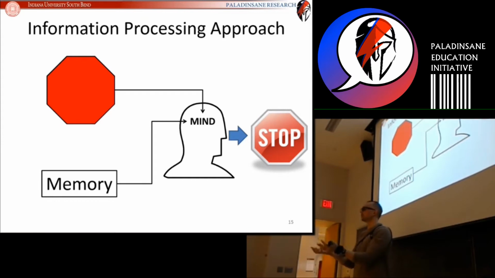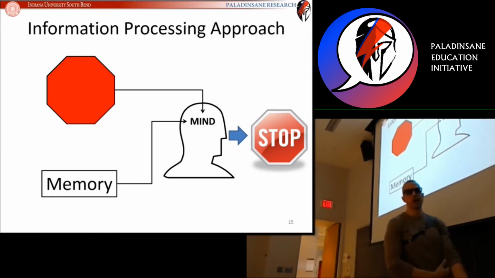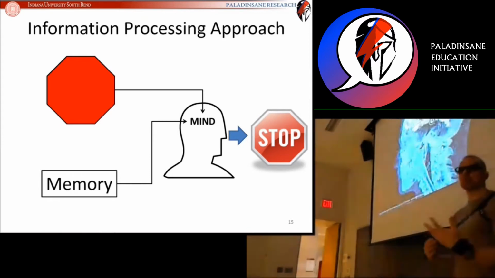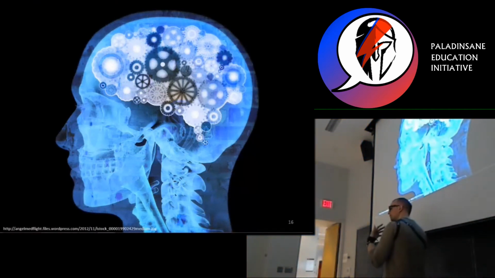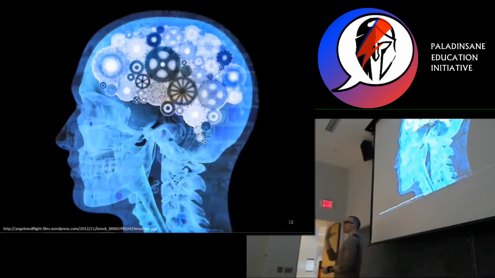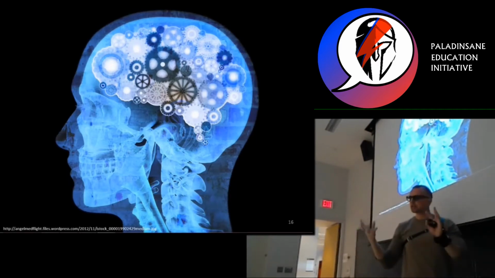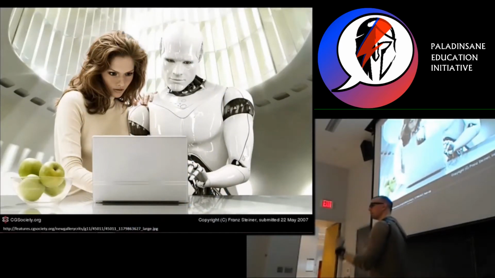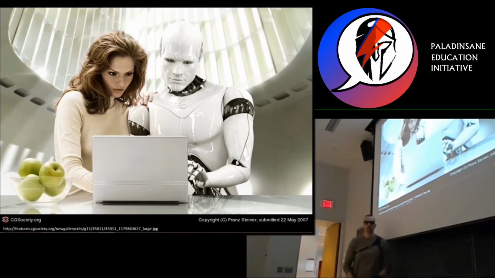What did your mind do to get from input to output? And again, the idea is that your mind works like a machine. It works on these representations of information, and it crunches them much like a computer would. It manipulates them much like a computer would, and that is the essence of what cognition really is.